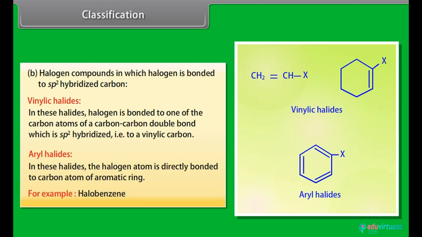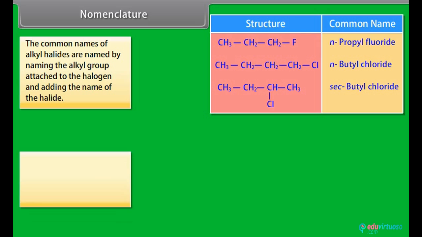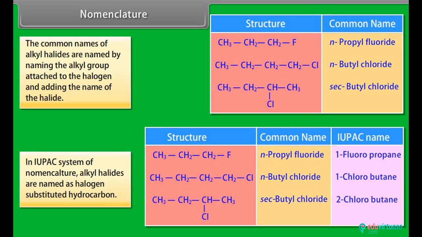For example, halobenzene. Nomenclature. The common names of alkyl halides are named by naming the alkyl group attached to the halogen and adding the name of the halide. In IUPAC system of nomenclature, alkyl halides are named as halogen substituted hydrocarbon.